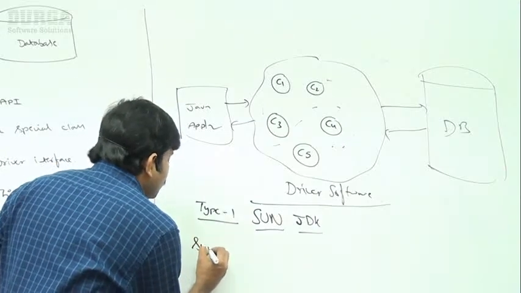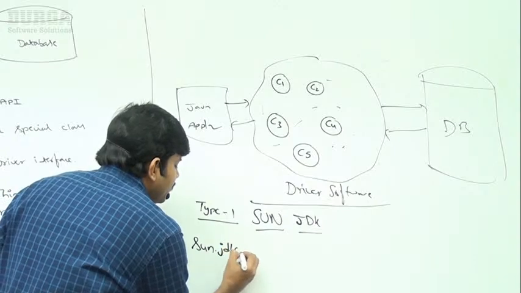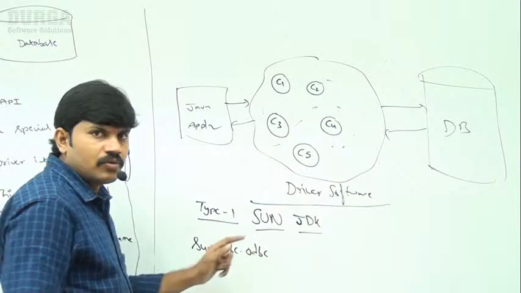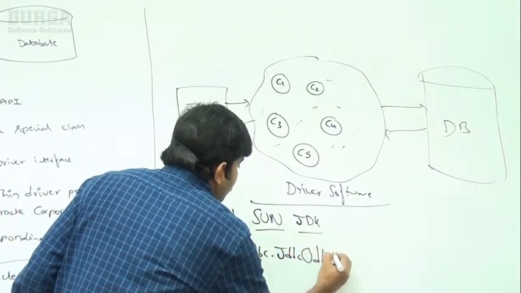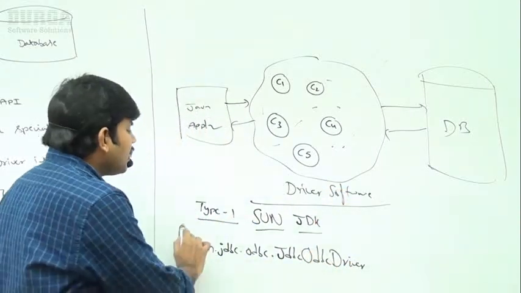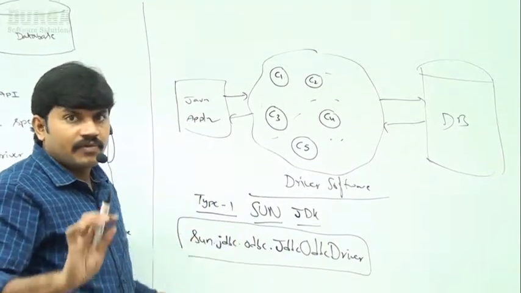Sun.jdbc.odbc.JdbcOdbcDriver. So this is the driver class name present inside type 1 driver software.